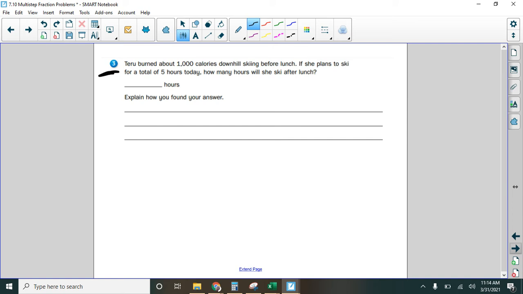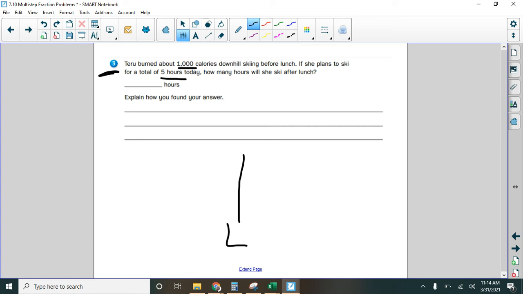Taru burned about 1,000 calories downhill skiing before lunch. If she plans to ski for a total of 5 hours today, how many hours will she ski after lunch? All right, let's unpack this. There's a lot here. So the character wants to ski for 5 hours today. So we've got lunch. I'm going to put lunch just right here in the middle because she did some before lunch and some after lunch.